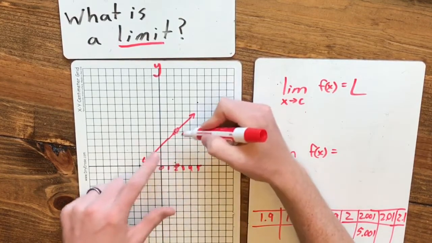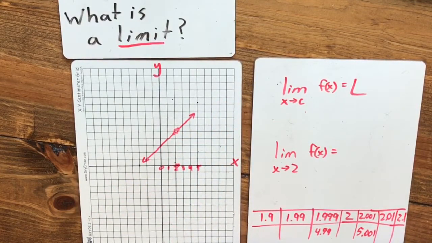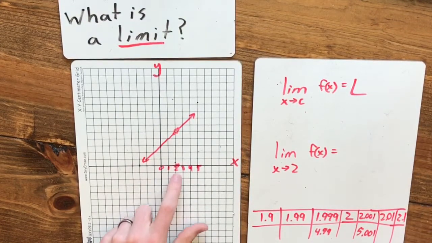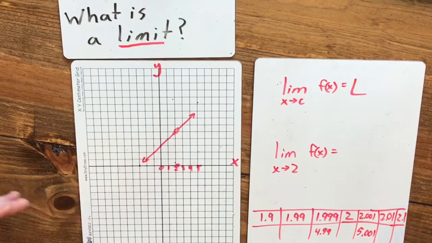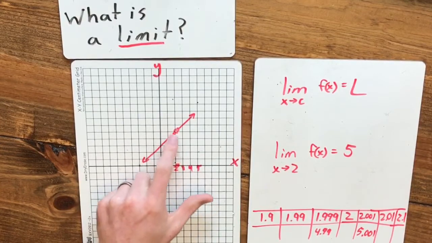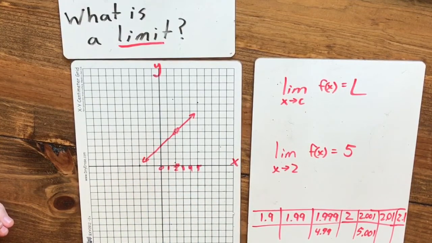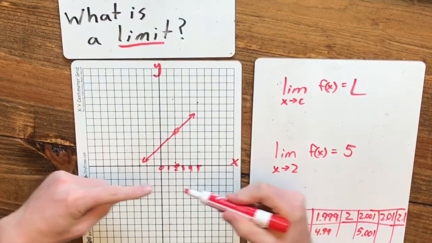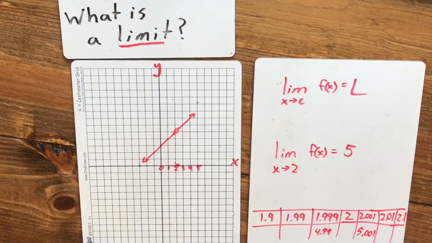We can see that it's converging in both directions. Even though when we put in 2 there's a hole, as x is getting closer and closer to 2 from both directions, it's clear that we're getting out something like a 5. As we're getting closer and closer to 2, these numbers are getting closer and closer to 5 from both directions.